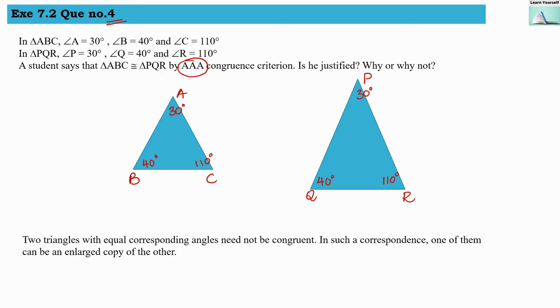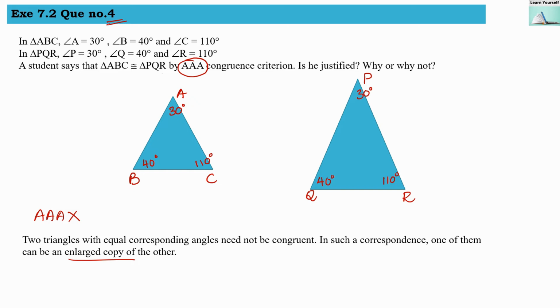So we know that under the AAA criteria, two triangles with equal corresponding angles need not be congruent. In such a correspondence, one of them can be an enlarged copy of the other, so they are not congruent with each other.